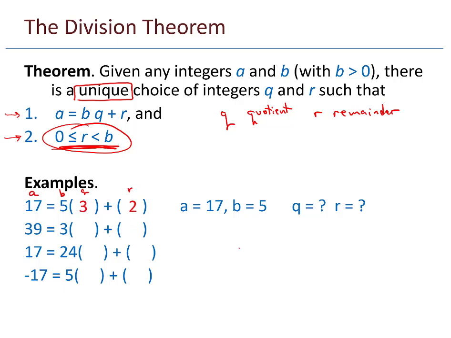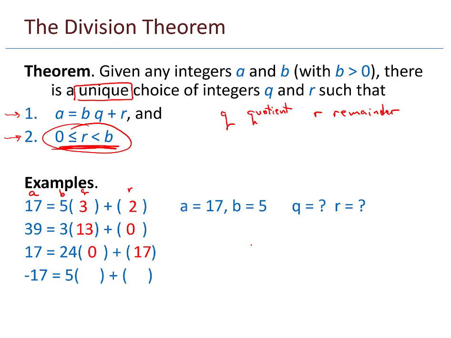All right, pause the video, try the last 3, and unpause when you are ready to see the answers. Here we go. 39 is 3 times 13 plus 0. There's a remainder of 0. 17 is 24 times 0 with a remainder of 17. That's okay. And here's the tricky one.